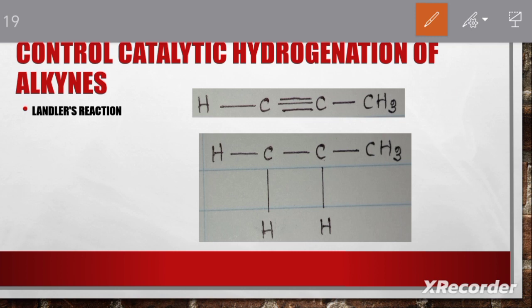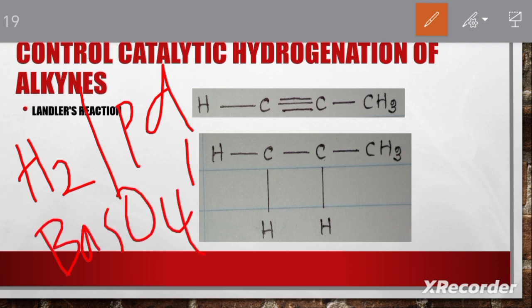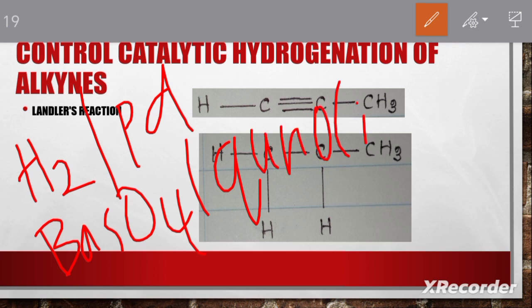So like this, we have to add hydrogen with palladium, but we have to add the inhibitor of palladium, that is barium sulfate quinoline.